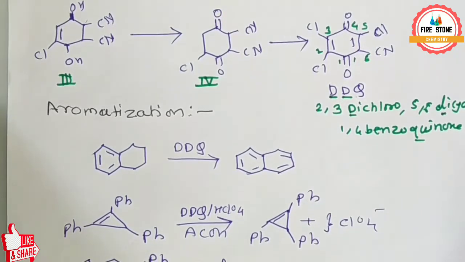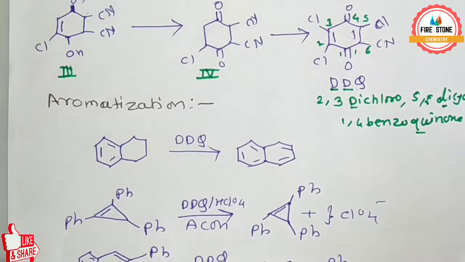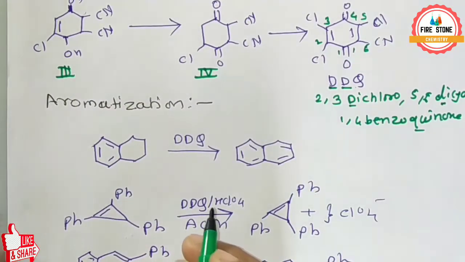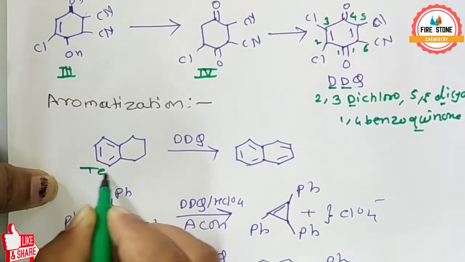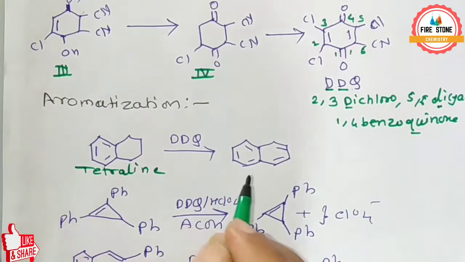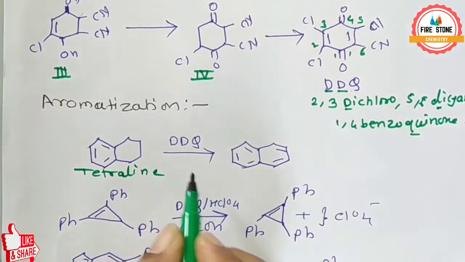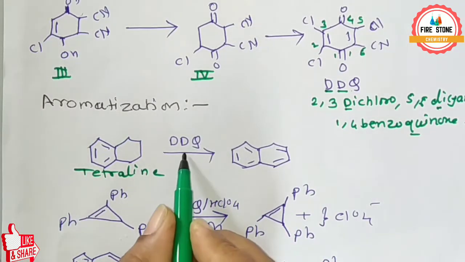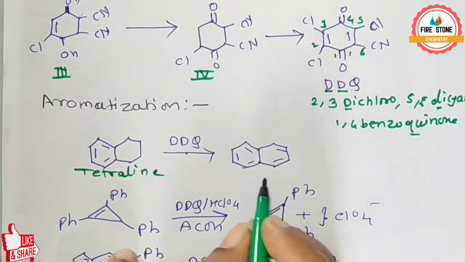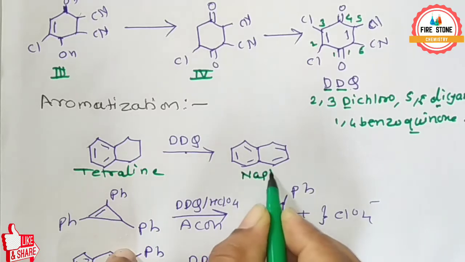First is aromatization. Aromatization can easily take place by using DDQ. So this is tetralin, which reacts with DDQ, dehydrogenation takes place and we get naphthalene.